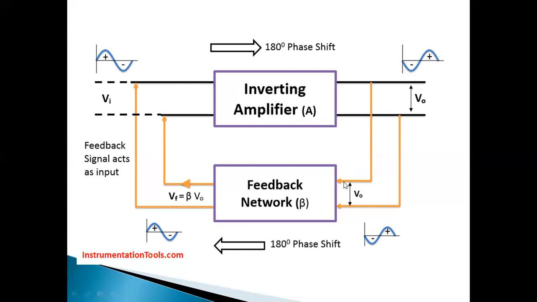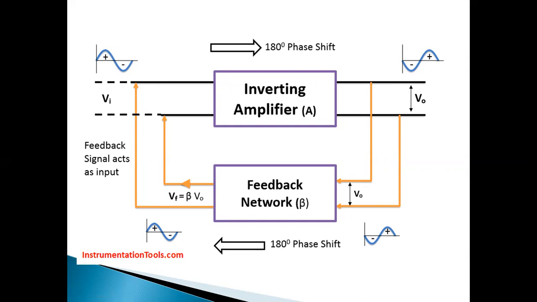So if you observe the closed loop circuit, from the inverting amplifier to the feedback network, and again to the inverting amplifier, the total phase shift of the circuit, or the oscillator, becomes 360 degrees. So whenever we use an oscillator circuit, it provides 360 degrees phase shift.